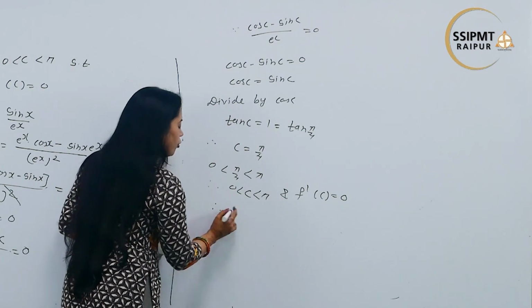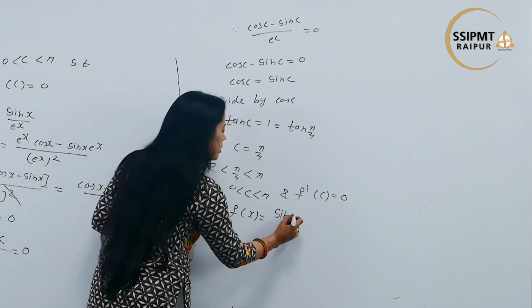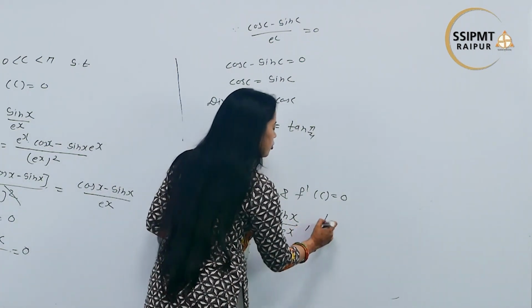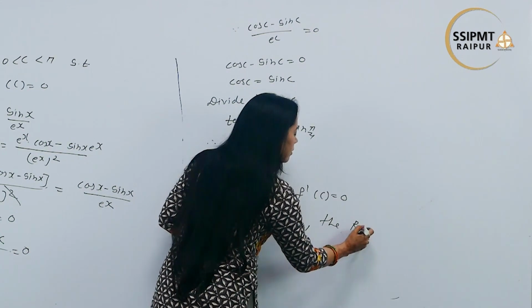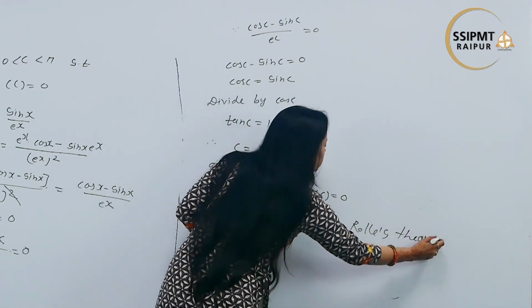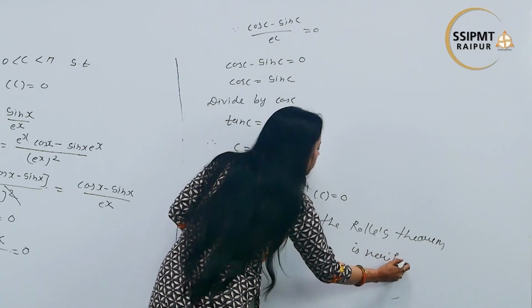Therefore, for the function f(x) is equal to sin x upon e to the power x, Rolle's theorem is verified.